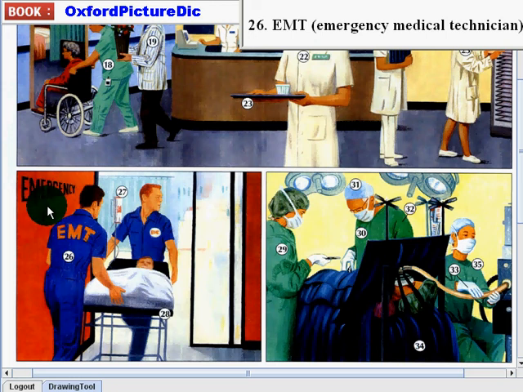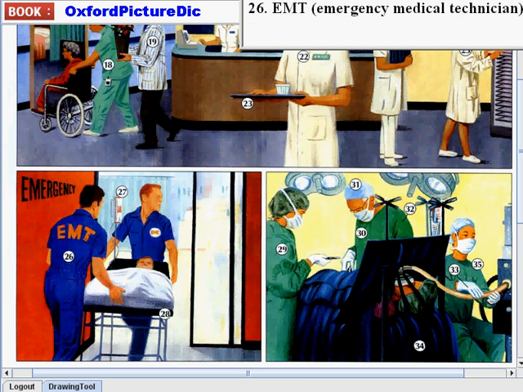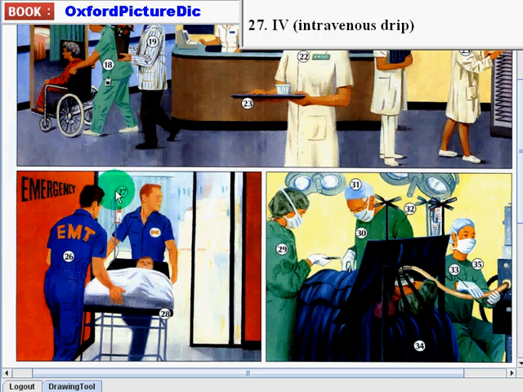We are going to meet people who can help us when we're in the emergency room, such as the EMT, or emergency medical technician.